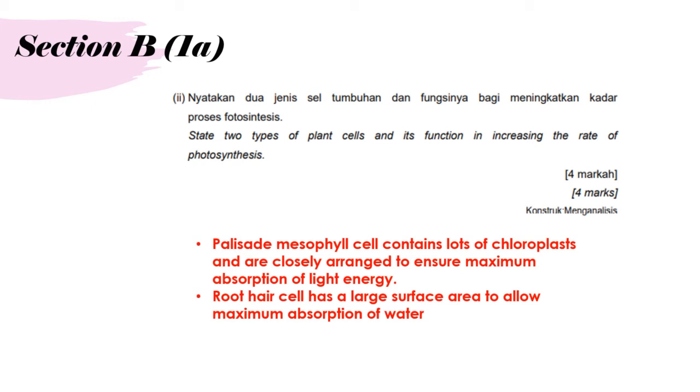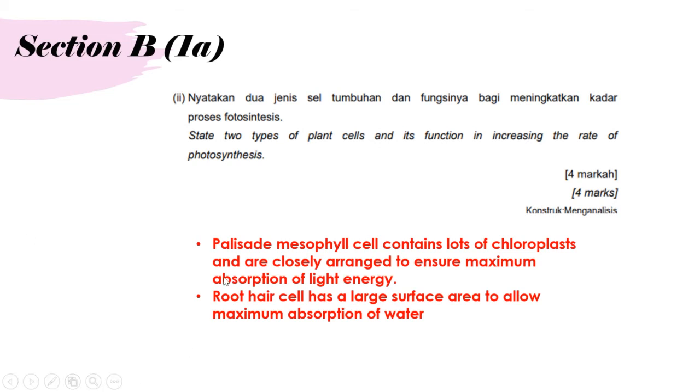There are 2 types of mesophyll cells. They are palisade mesophyll cells, and another one is spongy mesophyll cell. So you have to mention at least 2 types of plant cells. Maybe you can write another example beside mesophyll cell.